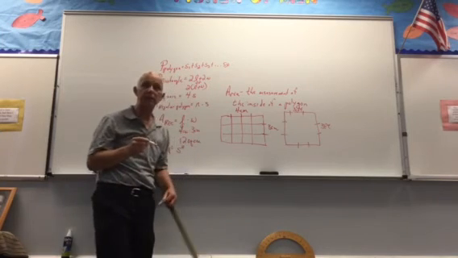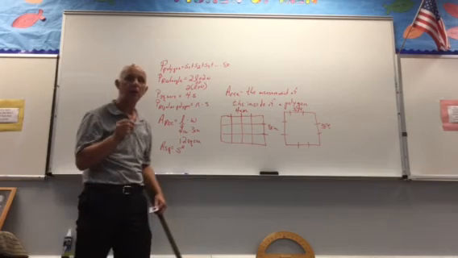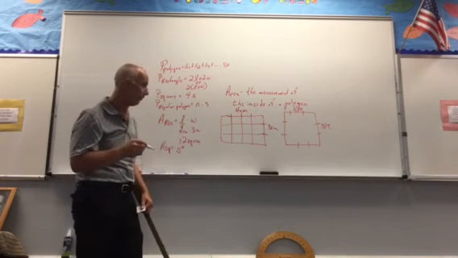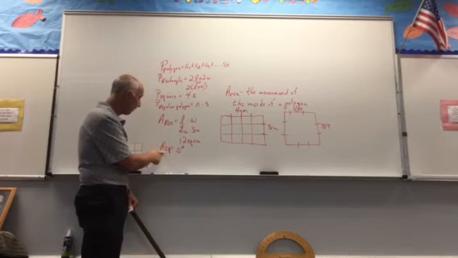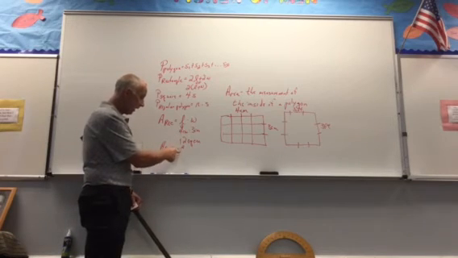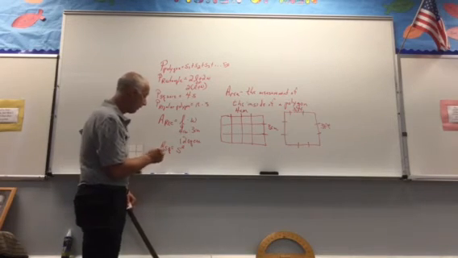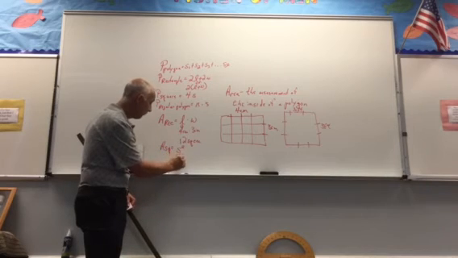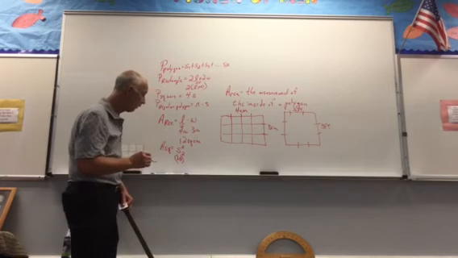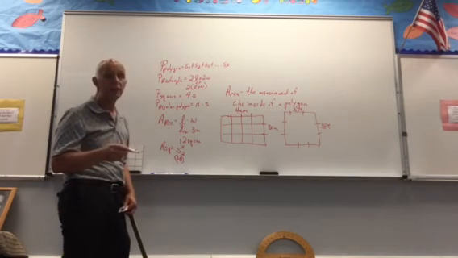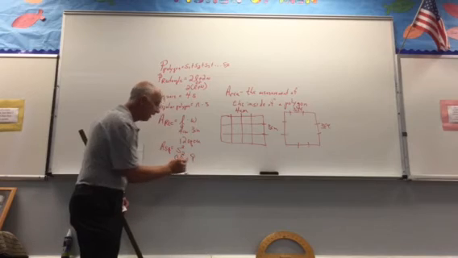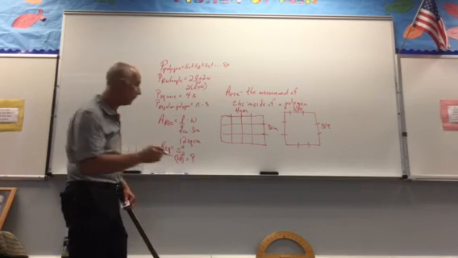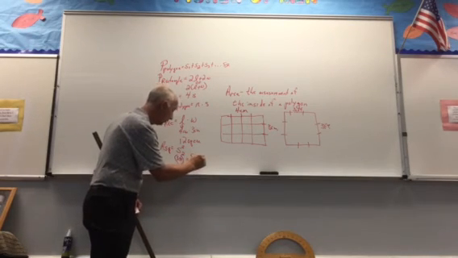Because what does it mean to take something to the second power? It means multiply it times itself. So if you want the area of a square, you first write the formula, area of a square equals s to the second power. Then you replace the measurement with 3 feet and you square it, which means you go 3 feet times 3 feet, which equals 9, not feet, but 9 square feet.